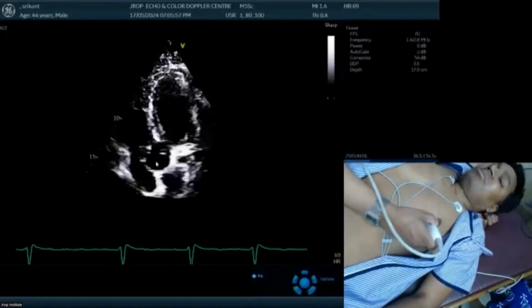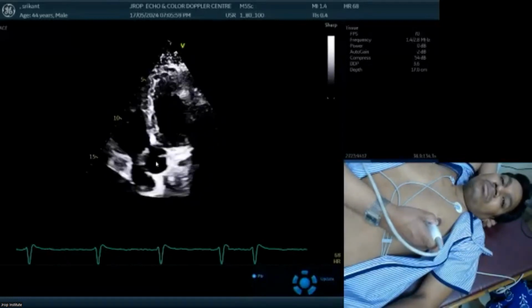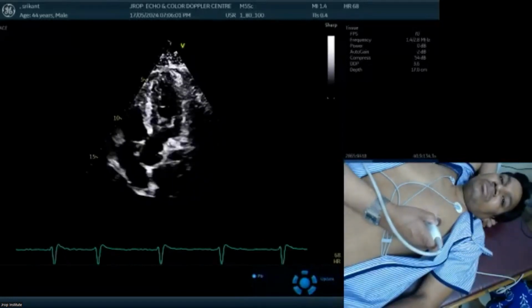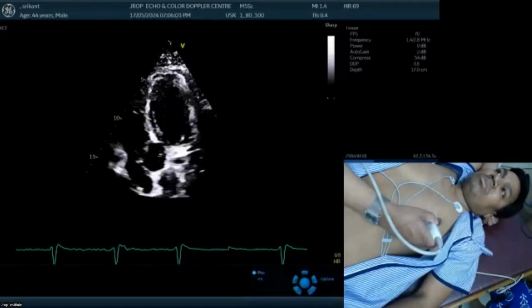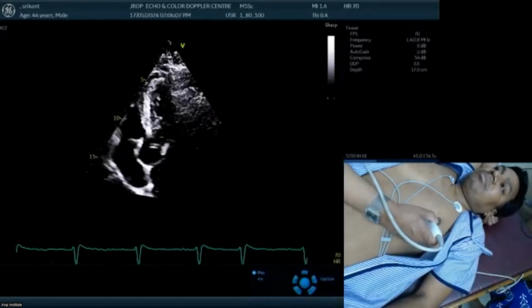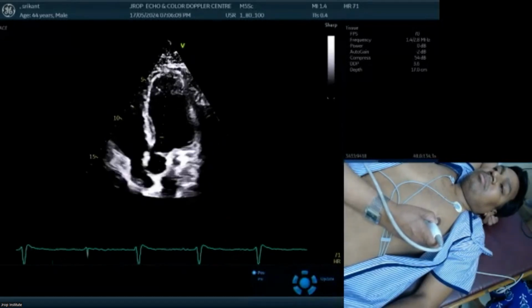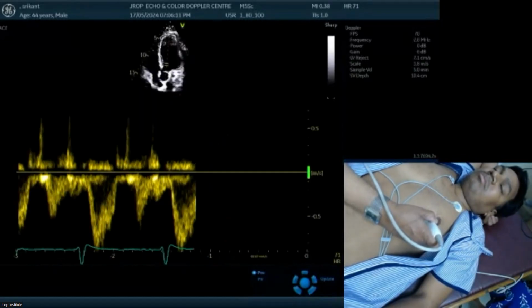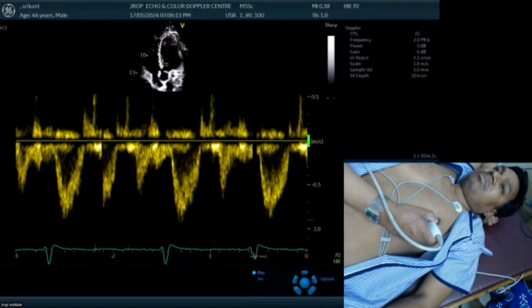Right? I want to take the LVOT VTI. The LVOT is site specific, so I take my cursor at the level of the LVOT, take my pulsed wave Doppler spectrum pattern, and then calculate my LVOT VTI.